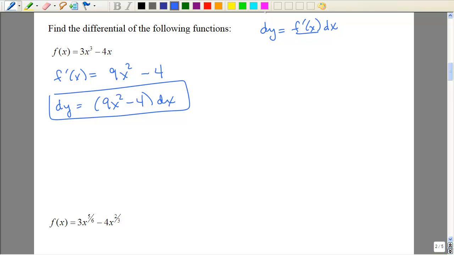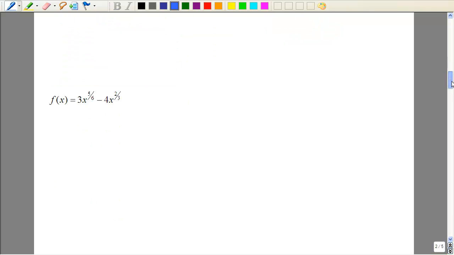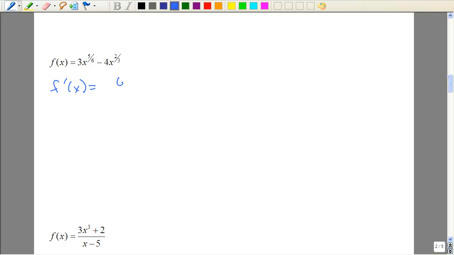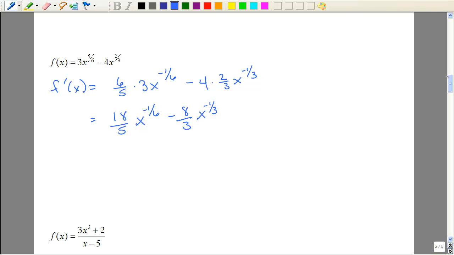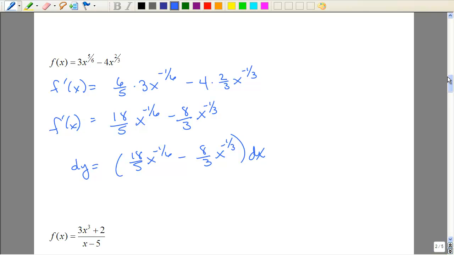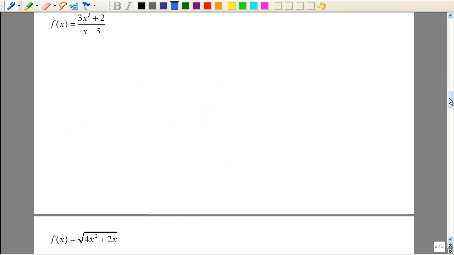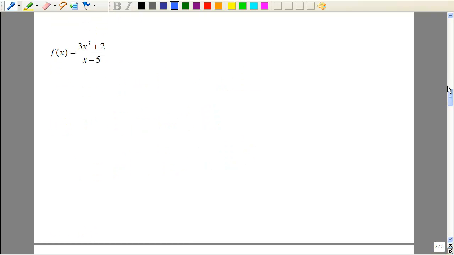That's all there is to it. So some good practice on using the derivative again. All right, so we have the power rule. So that's our derivative, but our differential is our derivative multiplied by dx. So again, we're going to practice here the quotient rule.